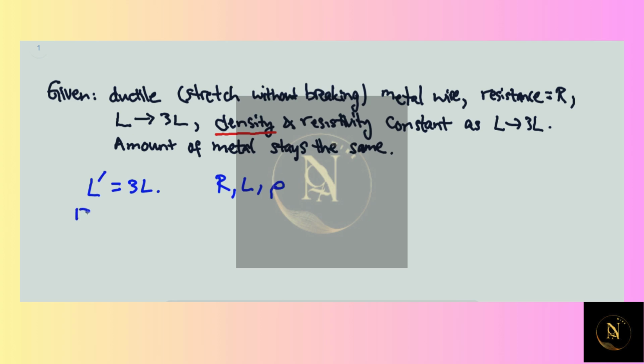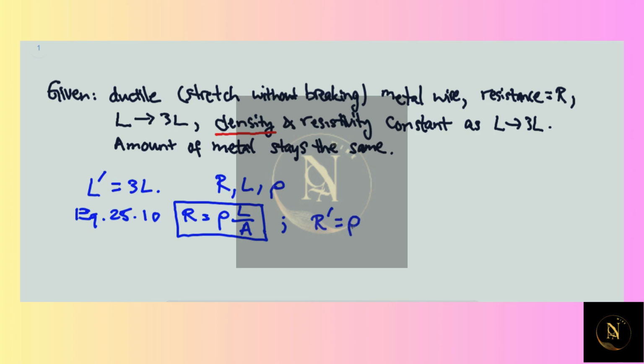So we can use equation 25.10, which says that the resistance is the resistivity times the length divided by the cross-sectional area. Let's say this is for the original unstretched wire, and now for the stretched wire, let's call that resistance R prime.